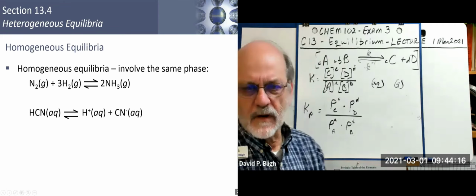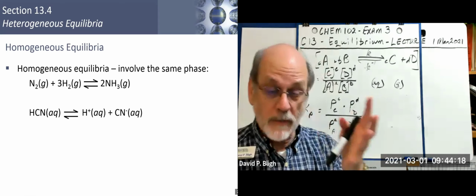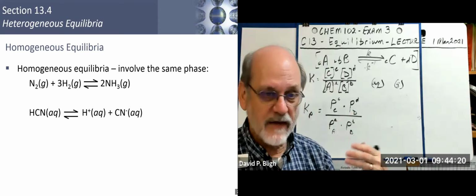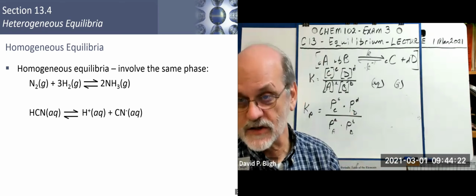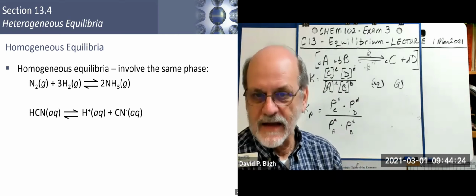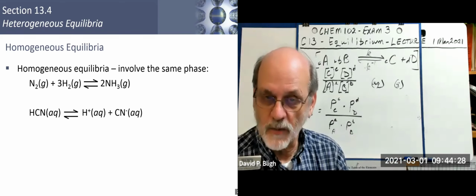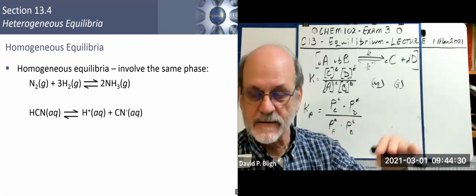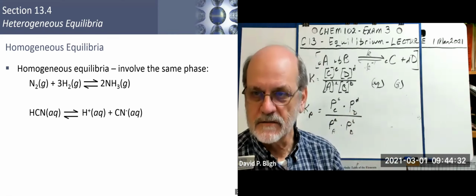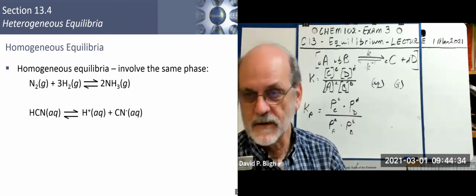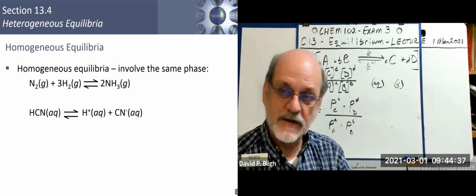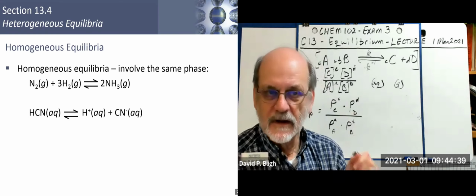Okay, so we can discuss in general terms equilibria as either homogeneous or heterogeneous, and it's really simple. It's like catalysts, you know, homogeneous, everything's in the same phase. Heterogeneous, you have at least 2 different phases. Catalyst is in a different phase from the reactants.